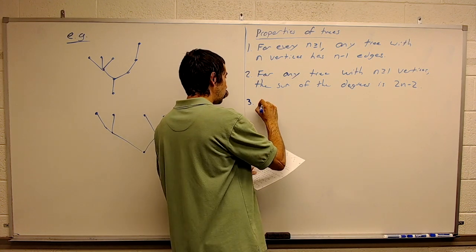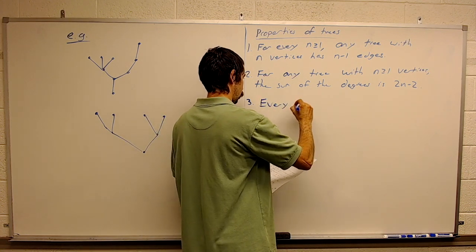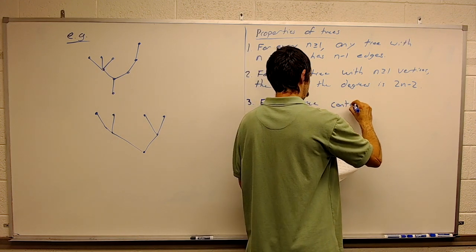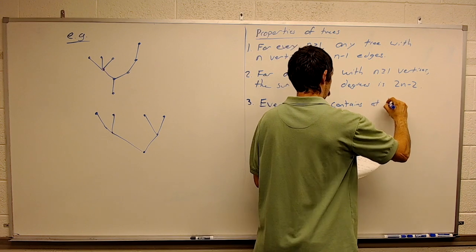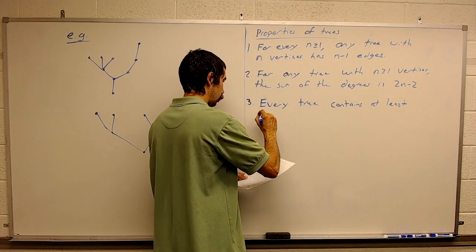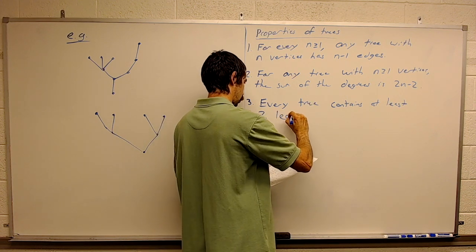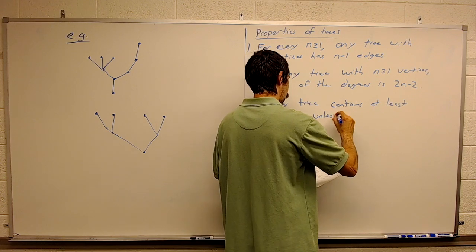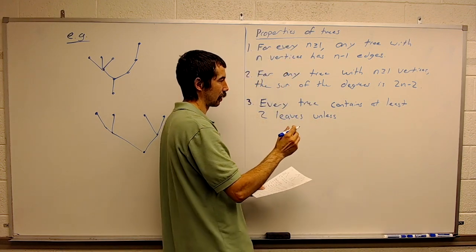Every tree contains at least 2 leaves, unless the tree is a single vertex.